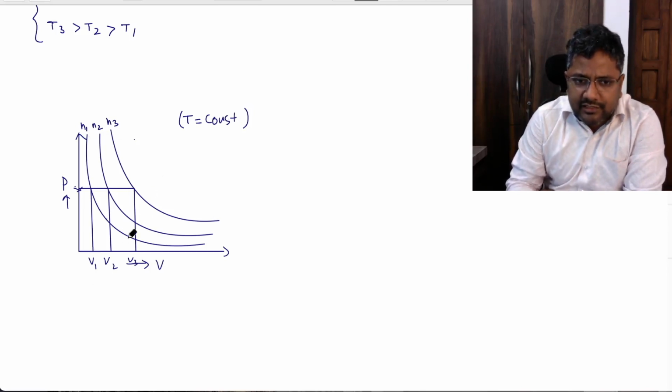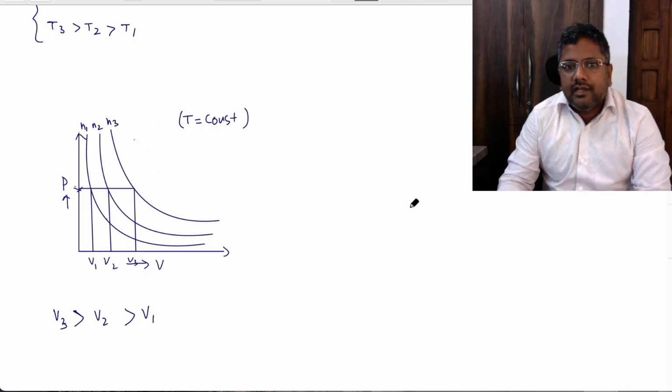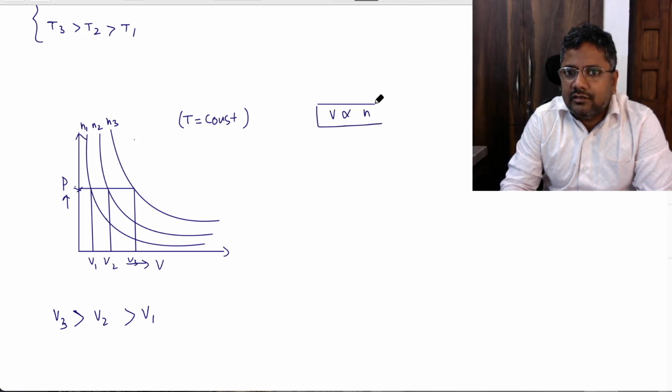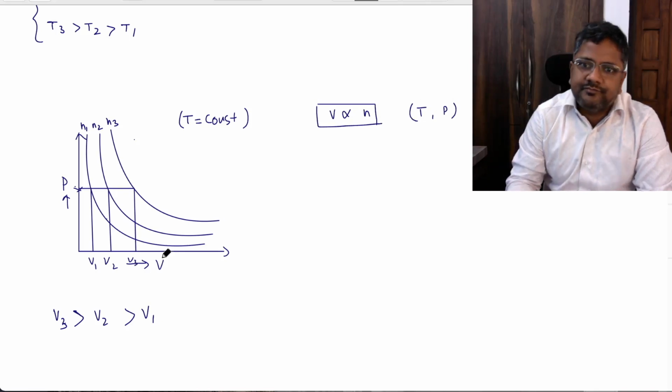Same, you can use V3 is greater than V2 is greater than V1, and we know that volume is directly proportional to the number of moles if T and P are constant.